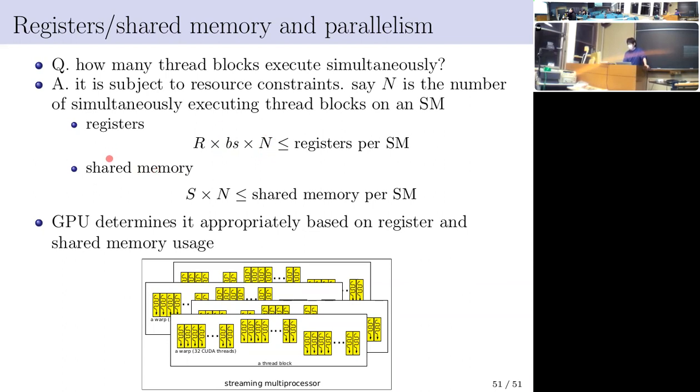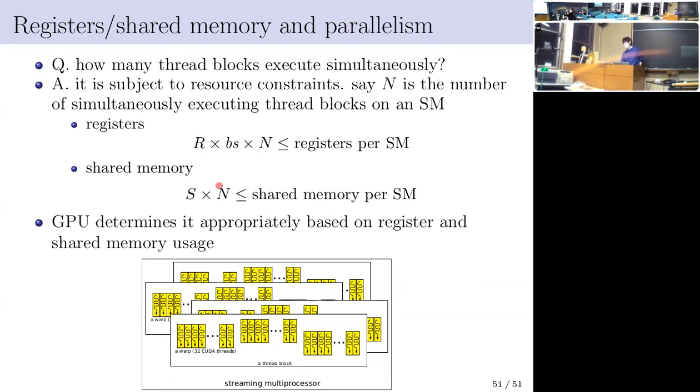Another constraint, similar to registers, is this. Let's say you allocate S bytes of shared memory to a single thread block. Then S multiplied by n, the number of thread blocks simultaneously running, must not exceed the shared memory per streaming multiprocessor. This is another constraint imposed on the number of simultaneously running thread blocks.